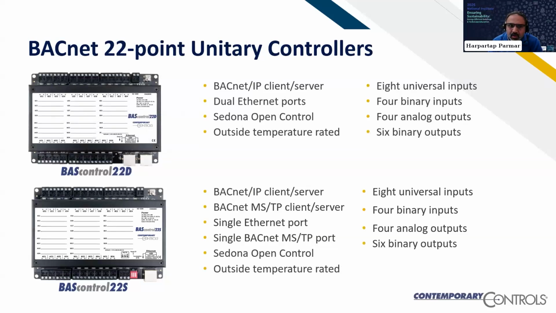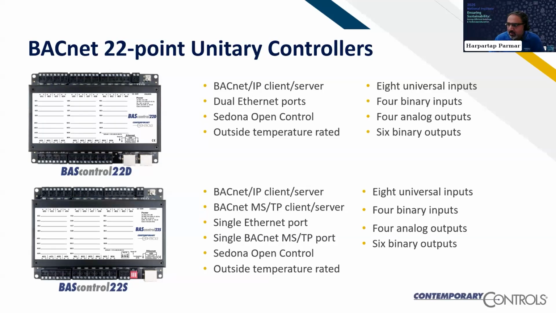The first one is called the BAS Control 22D, and this is a BACnet IP based controller. It features both a client and a server on the BACnet side. It has two Ethernet ports, so that gives you the ability to daisy chain them and make a network.